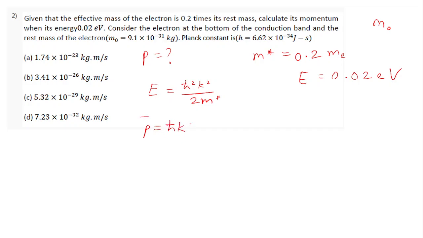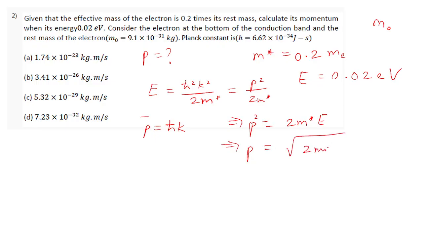This is the relation between momentum and wave vector, and the other is the relation between energy and wave vector. That means we can write E as P square by 2m star. From this, P square will be 2m star times E. That means P is equal to under root 2m star E.